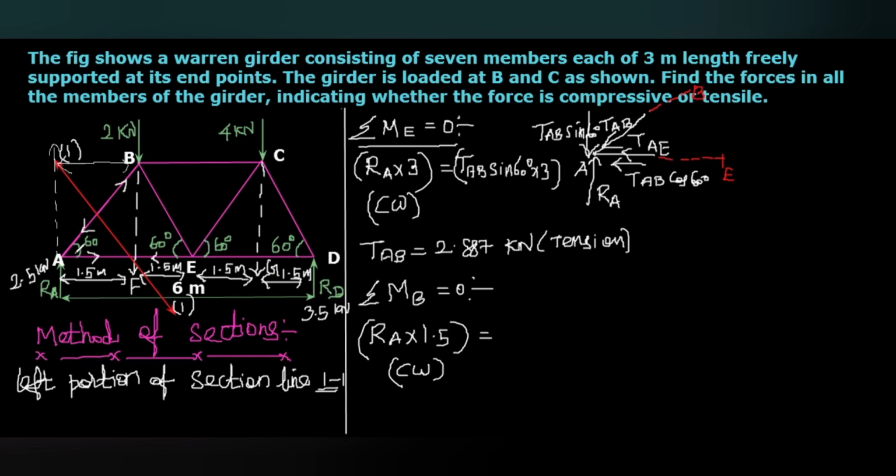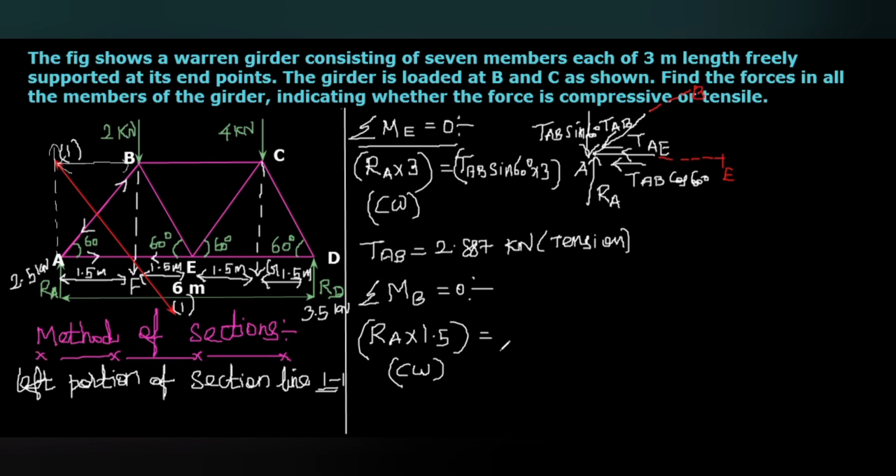If the tension in the member AE acts outwards from the point A, then with respect to the point B, it will be counterclockwise. If it is inward, that is also clockwise, which cannot counterbalance this moment. So that should act towards outside. Then with respect to the point B, that moment will be in counterclockwise direction.